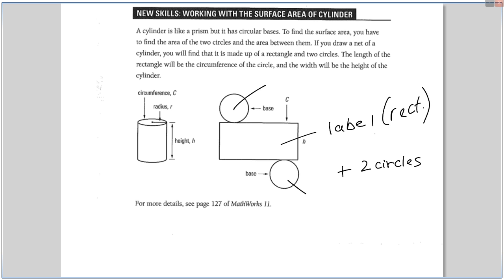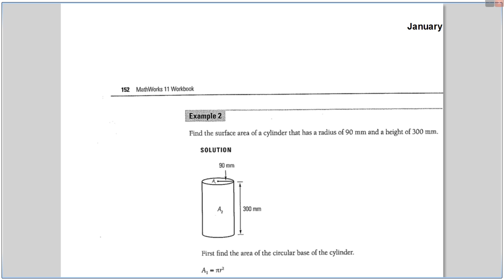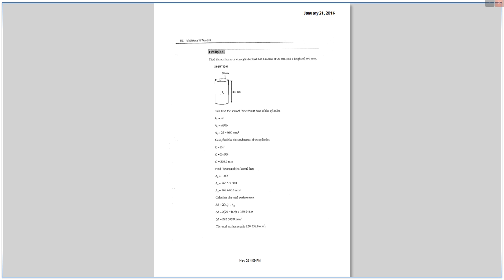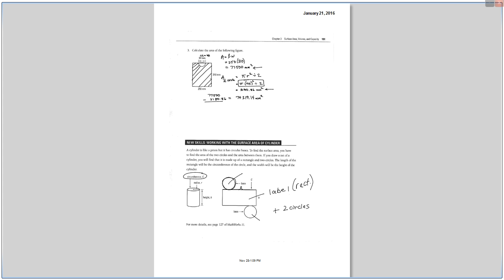And the circumference of the label, C, will be exactly the length of the rectangle. So length, it's basically just going to be length times width there. Yep, this is the circumference.